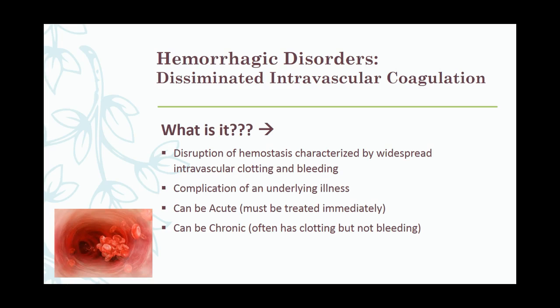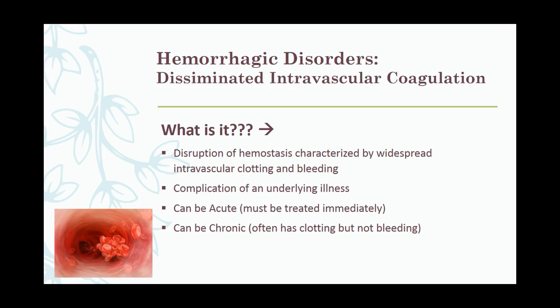But I would encourage you guys to Google this. I would encourage you to read articles on it. I would encourage you to read it in your book. But I'm going to try to be as simplistic as I can about it because it is kind of a difficult concept to understand. So what is disseminated intravascular coagulation, or DIC?